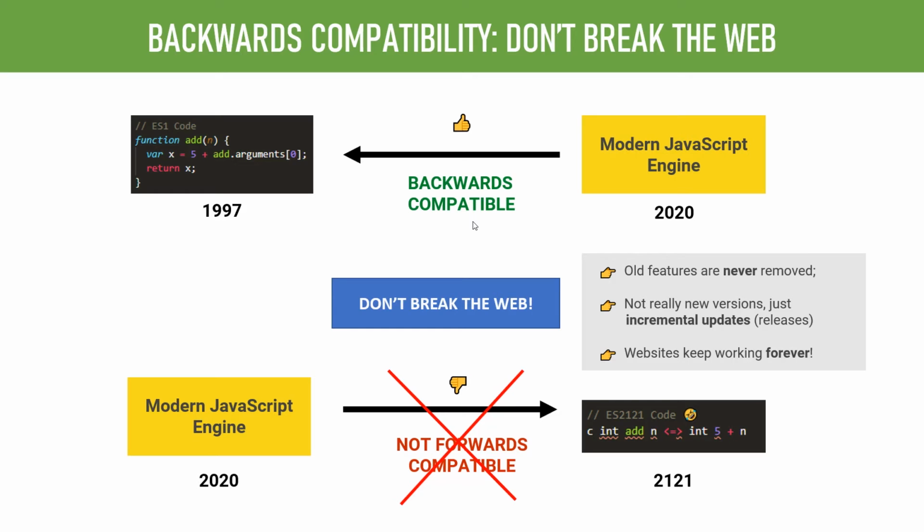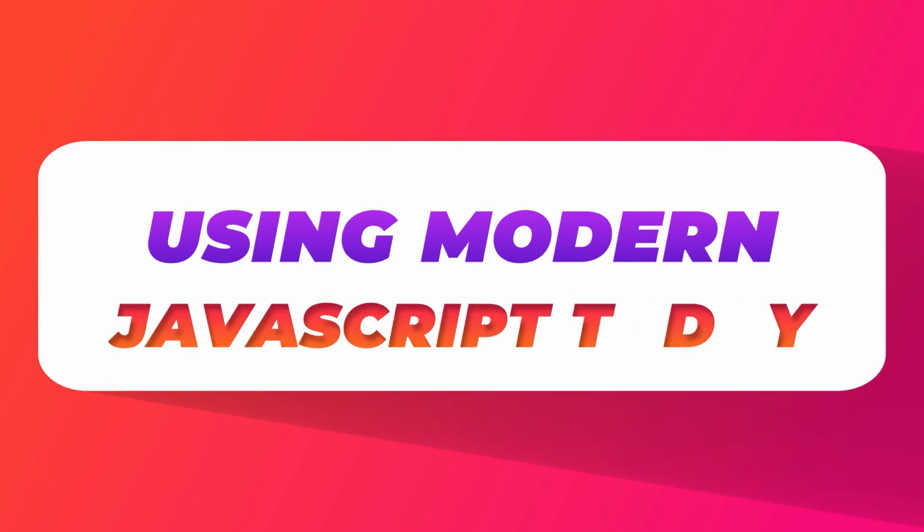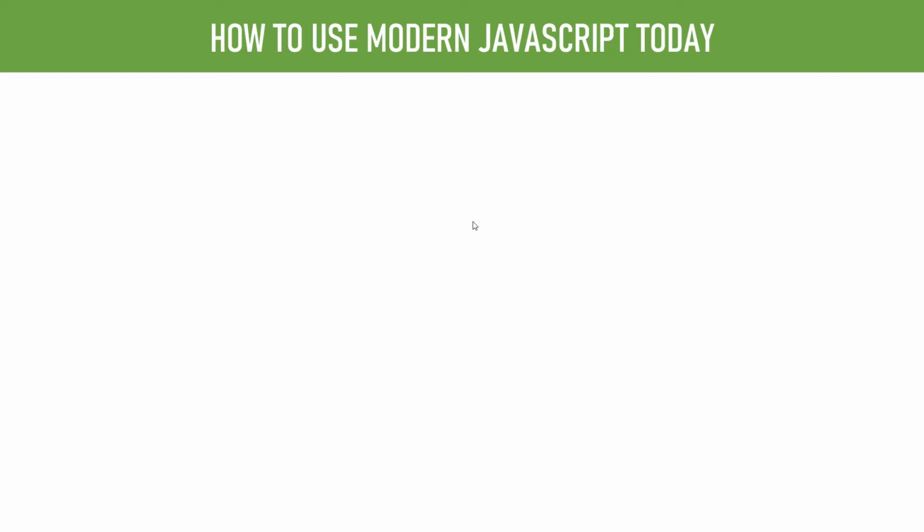And this actually brings us to our next topic, which is how can we use modern JavaScript today. Because the browsers that users are using may be old and there is no forward compatibility, right? So to answer the question of how we can use modern JavaScript today, we need to consider two distinct scenarios: development and production.